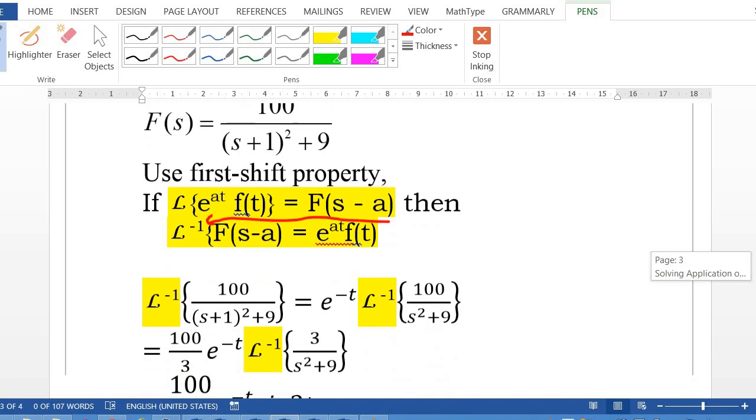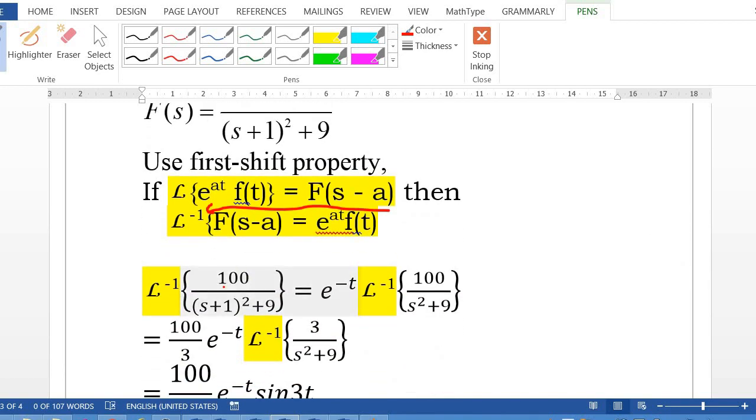Compare here: 100 over (s plus 1) squared plus 9 is actually in the form of F(s minus negative 1). Using the first shift property, because a is negative 1, the result is e to the negative t f(t).